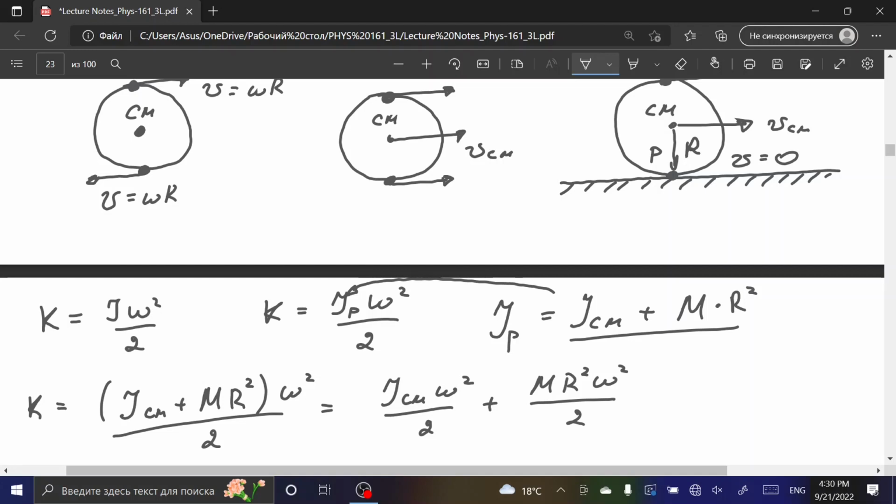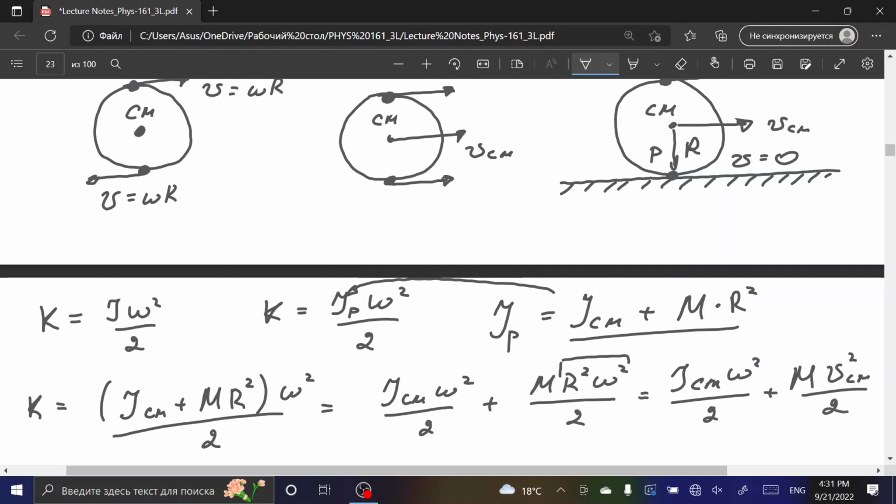So what is this product? It's the velocity of the center of mass squared. So we can represent it as I center of mass times omega squared divided by 2 plus total mass of the rolling rigid object times velocity of the center of mass squared divided by 2.